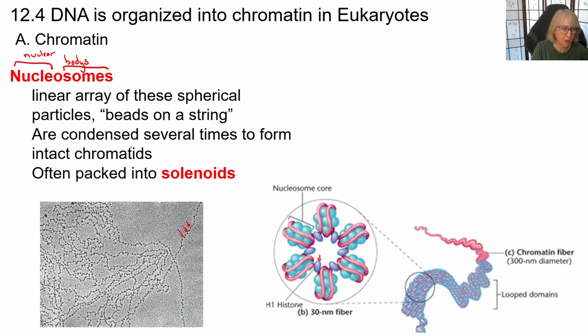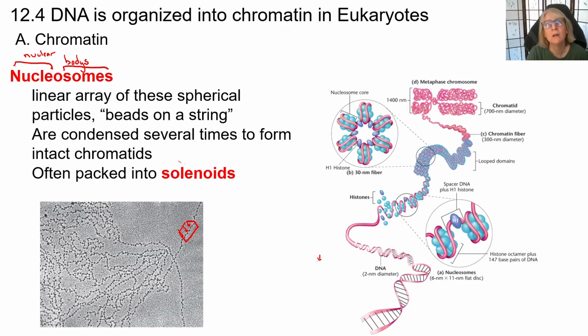Nucleosomes are nuclear bodies. These are all DNA wrapped around proteins. They're packed into solenoids, which are segments of these all wrapped together. So a solenoid is bigger than a nucleosome. A nucleosome is bigger than a histone. Histones are bigger than a single nucleotide, or the width of a piece of DNA.